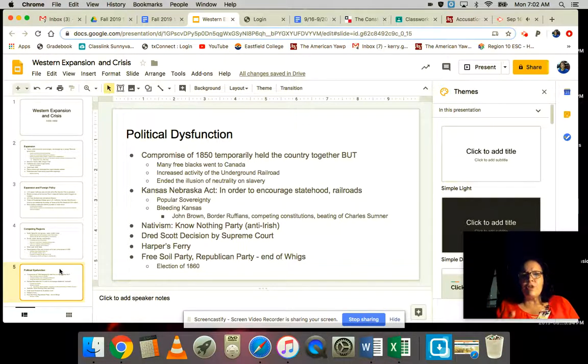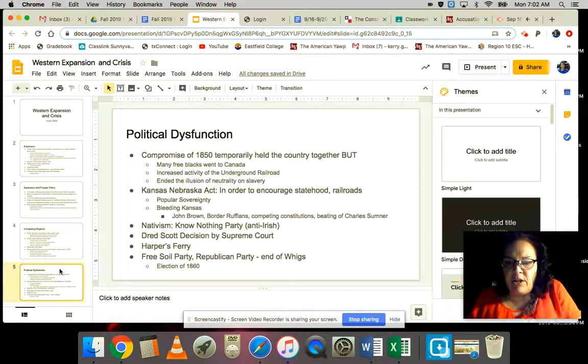And Charles Sumner was a senator, and he makes kind of a snarky comment about another senator from South Carolina, and there's a representative from South Carolina who's related, and he basically beats the crap out of Charles Sumner over the slavery issue, right? So lots of kind of really dramatic issues that kind of take place.